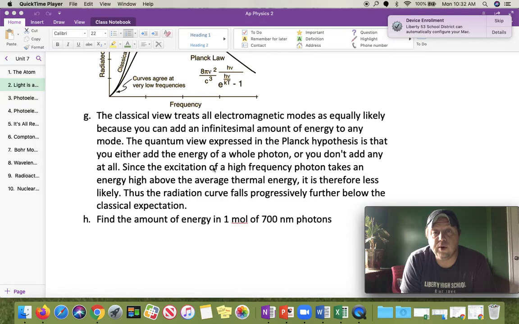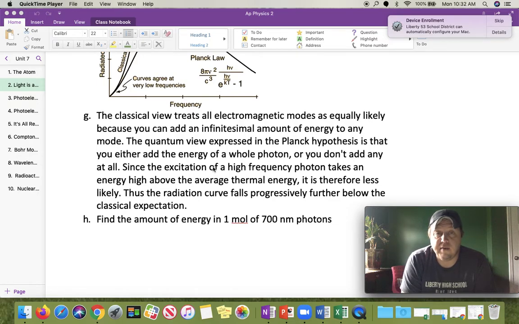So in order for a photon to be released, you had to have an energy high enough that you could get that particular photon. All modes are just as likely to happen.